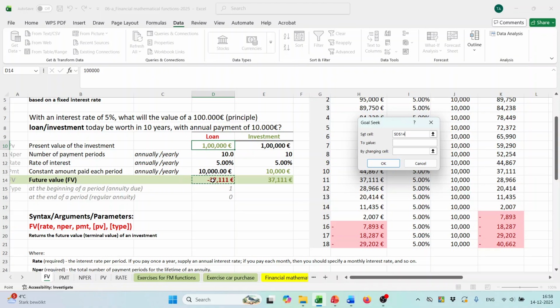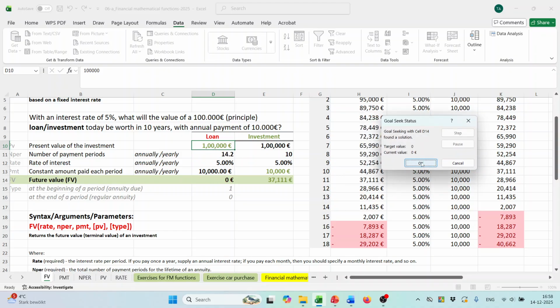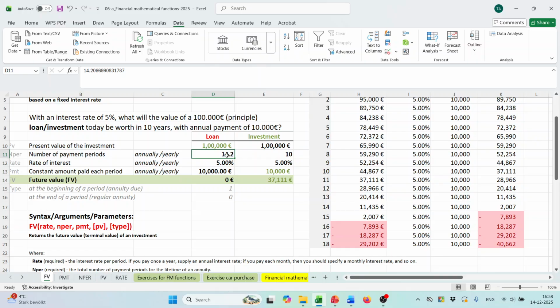So we should set this cell and this should be selected as 0 because this is our target. So what do we want to change? We want to change the number of years. We want to find out exactly how many years we need to repay our debt. So if I press OK and OK, we can see after 14.2 years the future value will be 0.